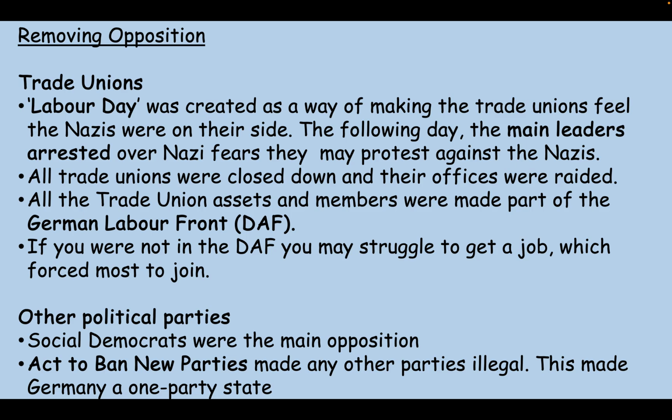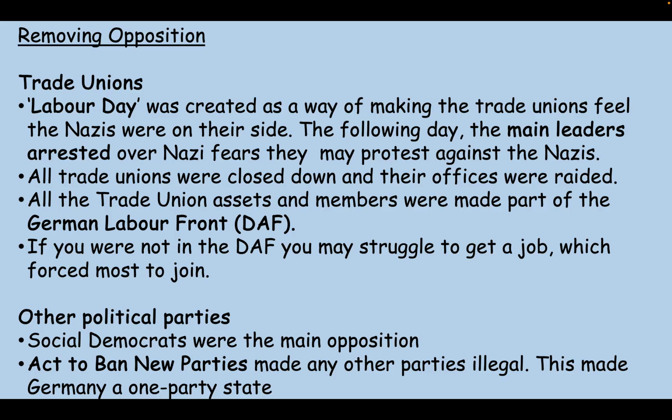In terms of removing opposition, the Nazis' real remaining big form of opposition, now that they've removed the communists with the Reichstag fire, they've removed political opponents in the Night of the Long Knives, they've removed Ernst Röhm and the threat that he's presenting. Hitler has taken all of the power with the Enabling Act.